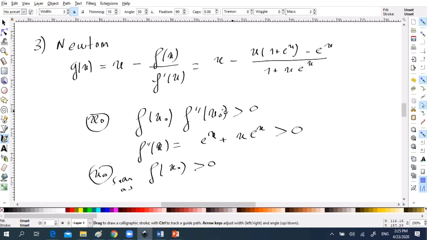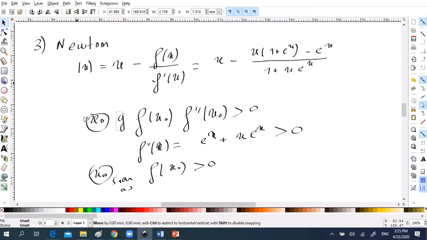So these are the conditions that we must verify in the Newton, and the Newton is also a fixed point iteration. So the absolute value of g prime of x must be inferior to 1 for it to converge if it's far away from the solution.